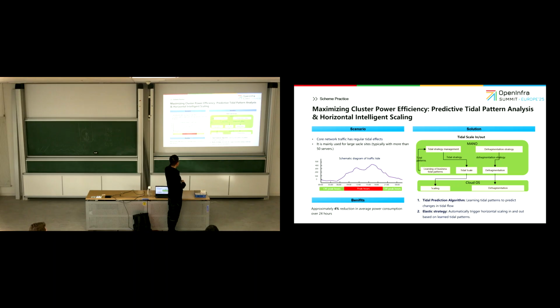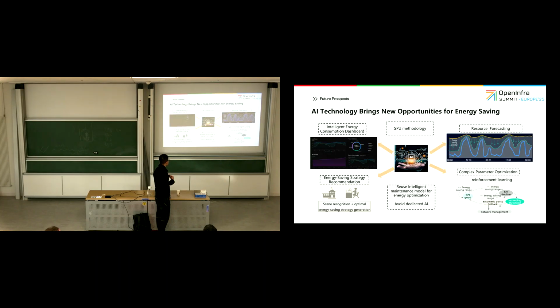So you can predict and scale as you wish, reduce the core count of your server, and predict the traffic and power, which can reduce power by 4% over 24 hours. So that's all the ways we have right now for energy saving.